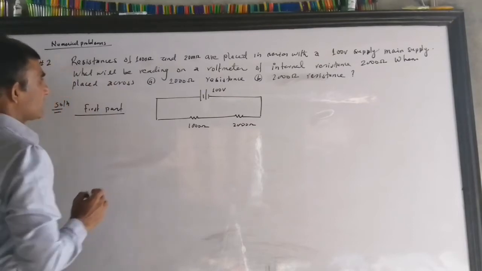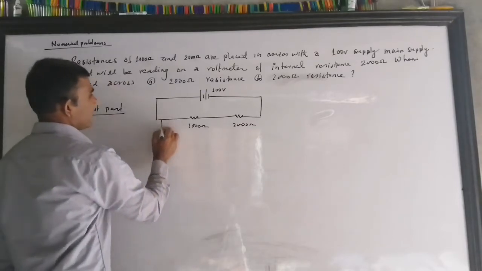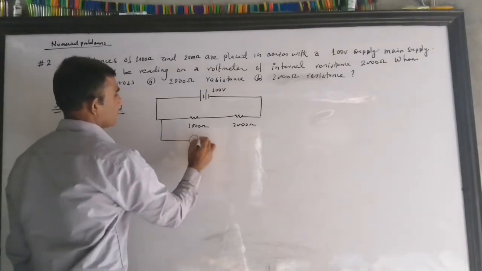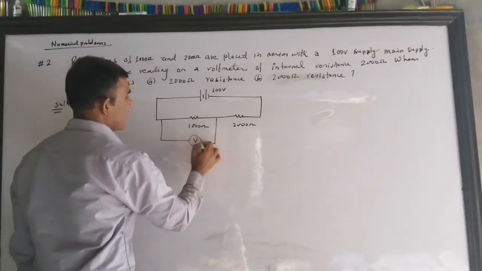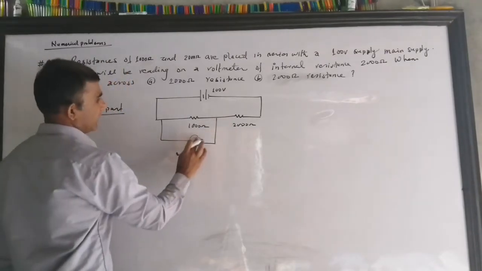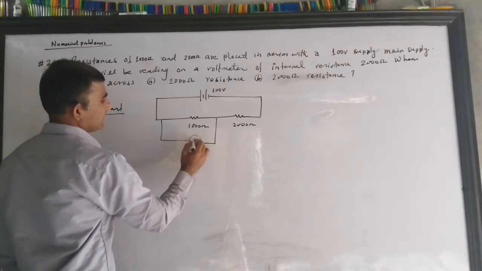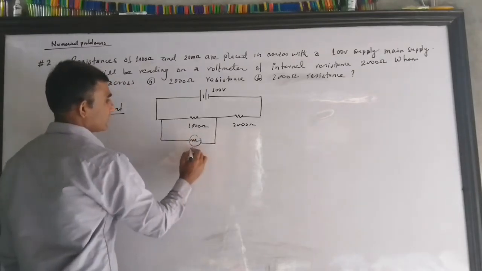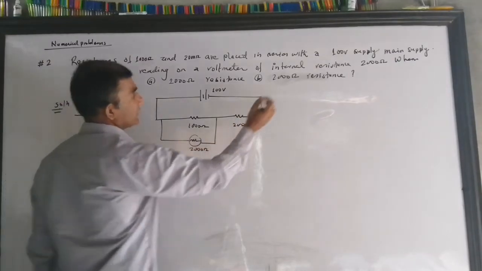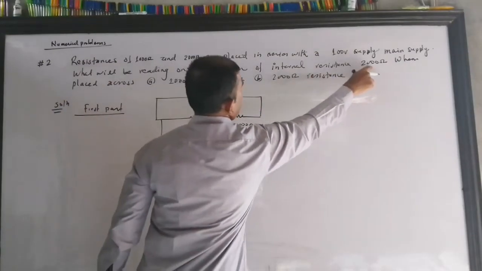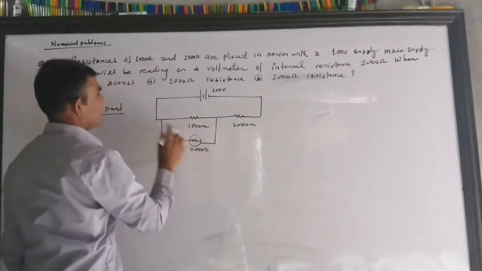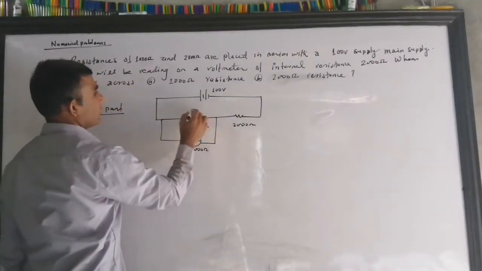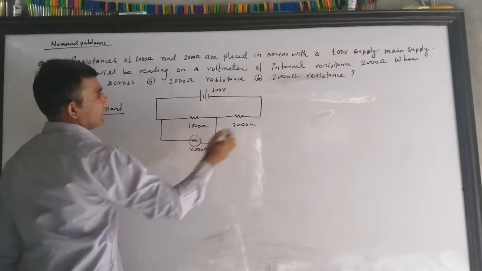Now the question asks us, if I connect here one voltmeter, and this voltmeter has a resistance. So for the time being I am writing the resistance of the voltmeter. This is also 2000 ohm. It's given in the question, don't worry. The resistance of the voltmeter is 2000 ohm, connected across the 1000 ohm resistance. So I have connected this.